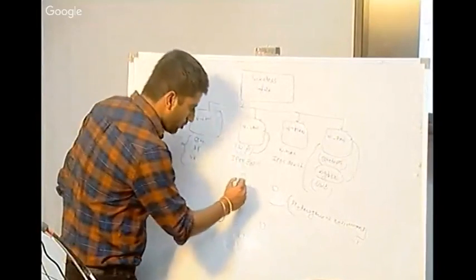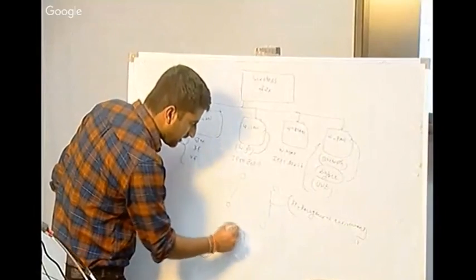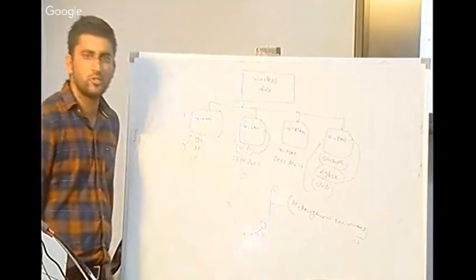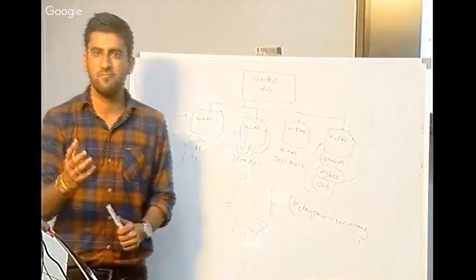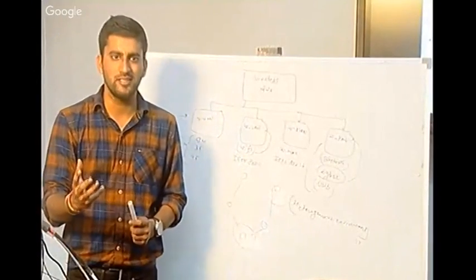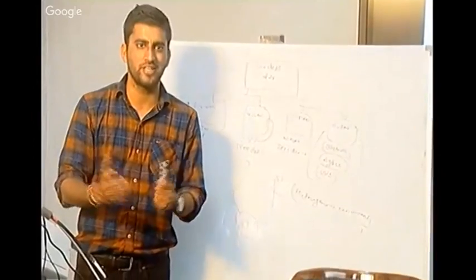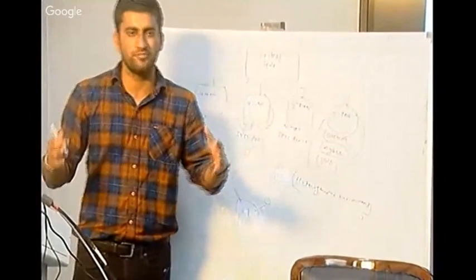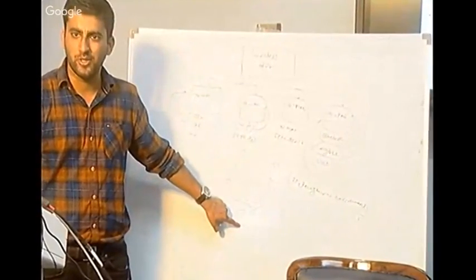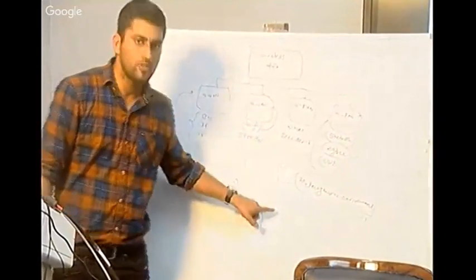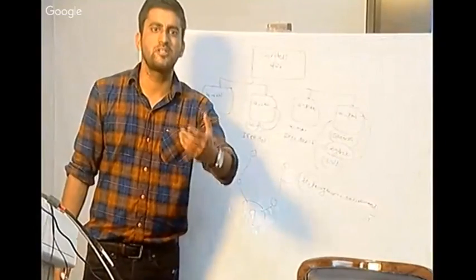They are all sending the data in a multi-hop fashion to this one particular node, which has a very high processing capability. This is called data aggregation. All the data coming from the different sensor nodes, we are gathering over here. So what they have to do is just transmit the data.